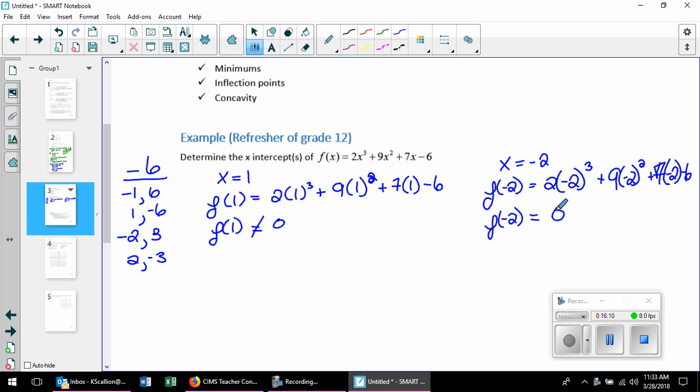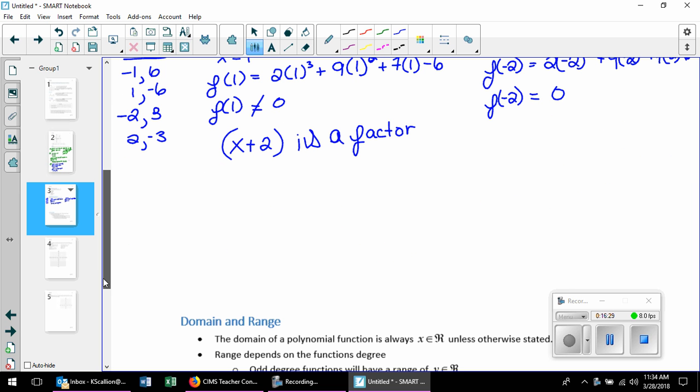So what do we know? If we substituted in x equals negative 2, so x plus 2, synthetic division. Now, I think I do it differently than Thompson.